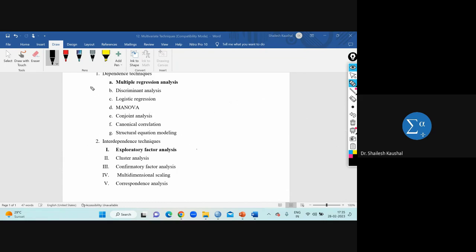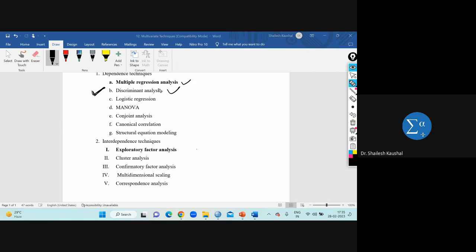Now I come to discriminant analysis. What is discriminant analysis? In multiple regression analysis, all the variables should be metric. It's a prediction technique. We can predict the outcome variable on the basis of several independent variables. Discriminant analysis is also a predictive technique. We can predict the outcome variable on the basis of several independent variables.